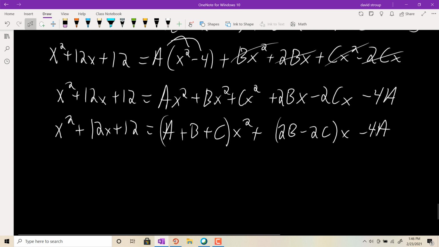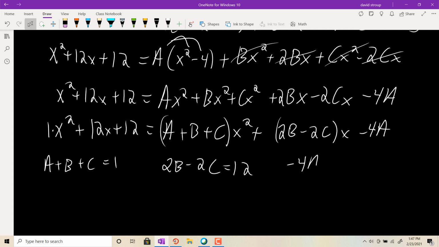So now equating coefficients, over here the x squared is 1. So a plus b plus c is equal to 1. The coefficient on x is 12, so I'll have 2b minus 2c equals 12. And then the constant term, negative 4a, just equals 12.